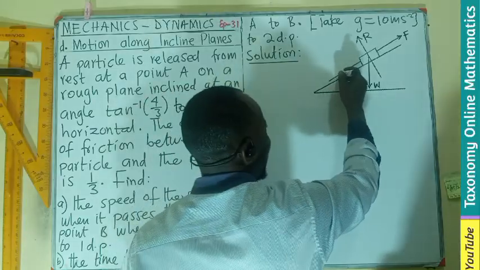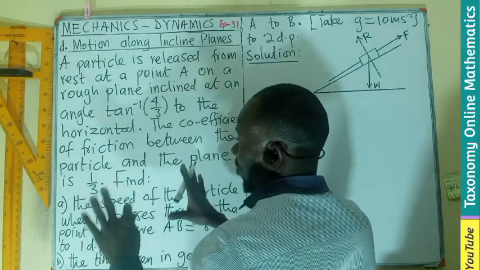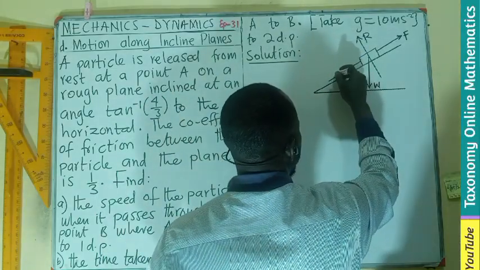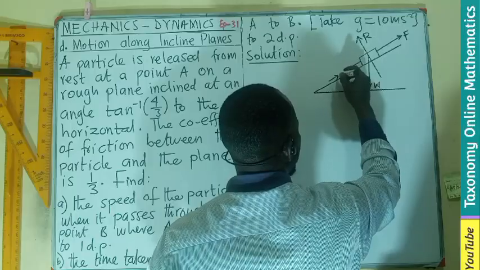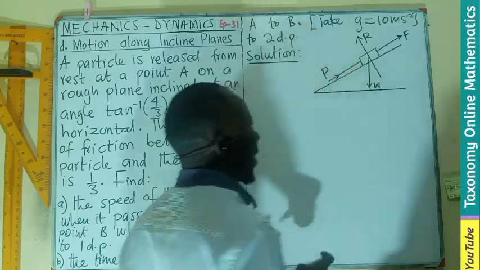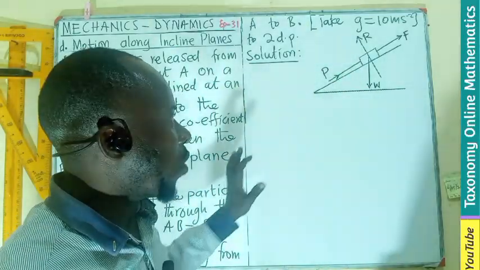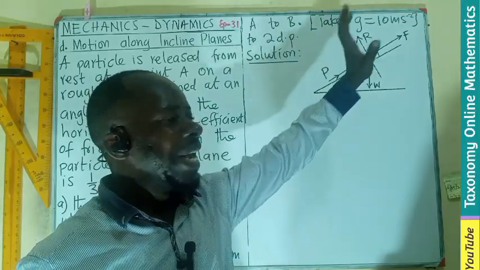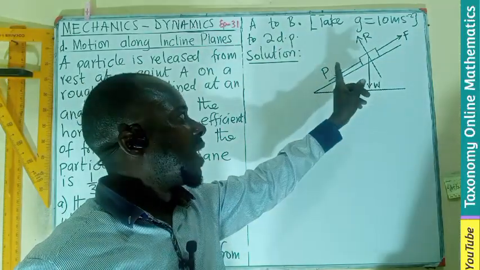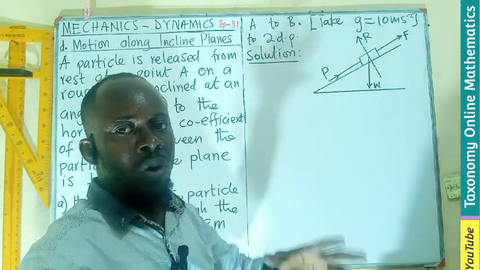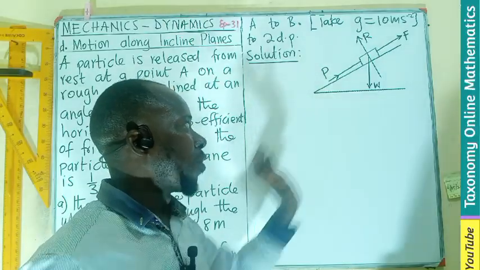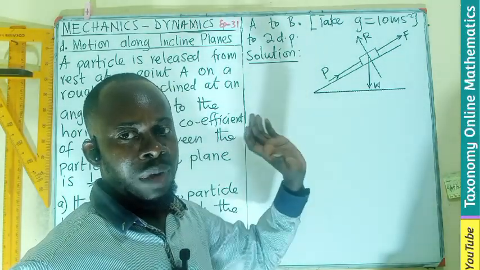Looking at the first part of the question, there is going to be a force which is parallel to the surface. This force is moving in this direction as the friction is moving, in order to hold the body from sliding.